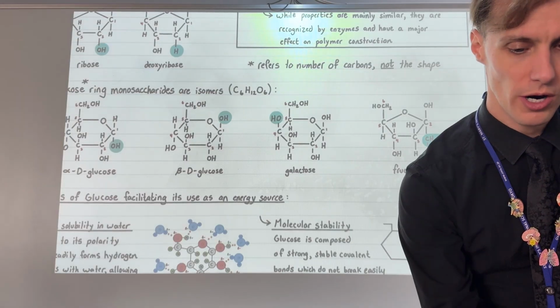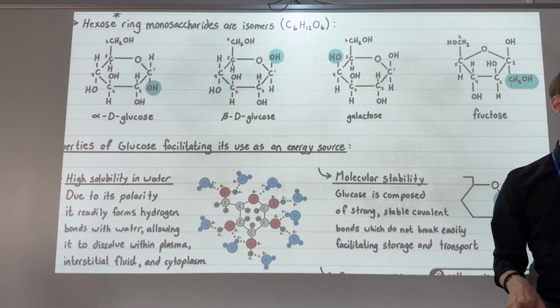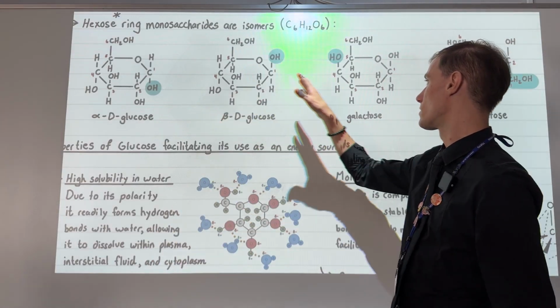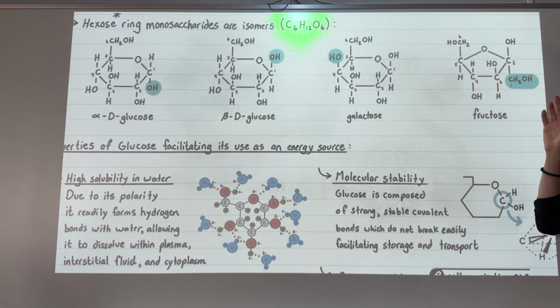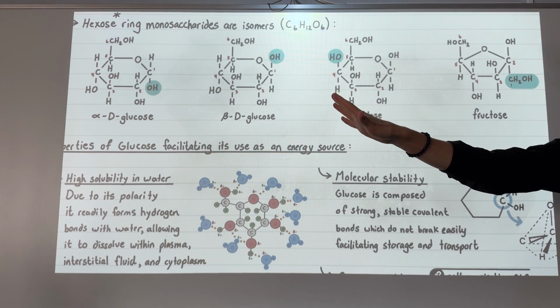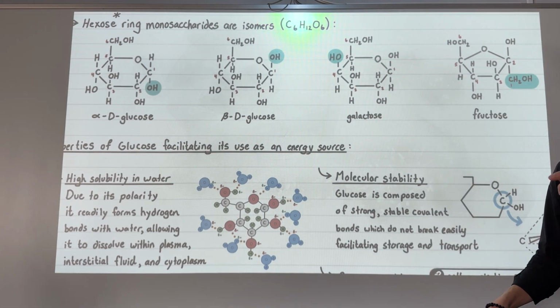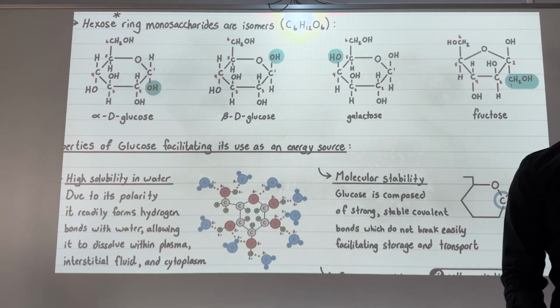Let's explore some of these isomers. A lot of them you've heard of before, that being glucose, galactose, and fructose. Note that all of these are C6H12O6. They all have the same number and type of atoms, but they are arranged slightly differently.